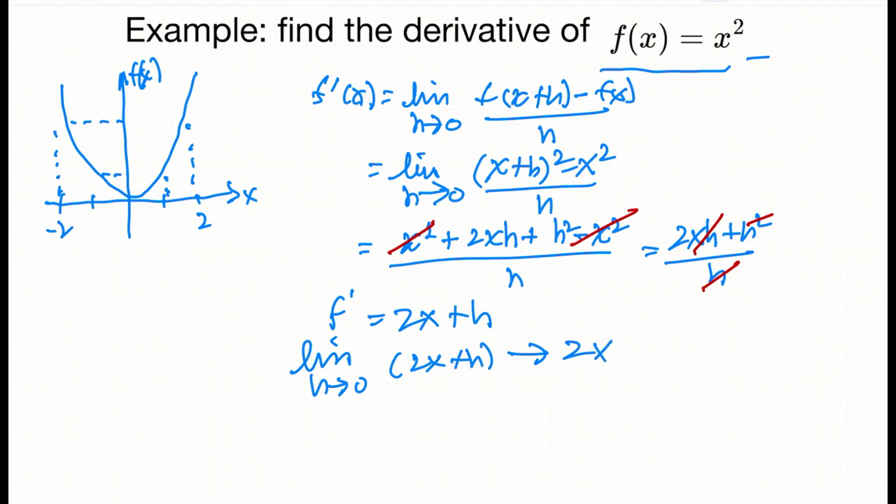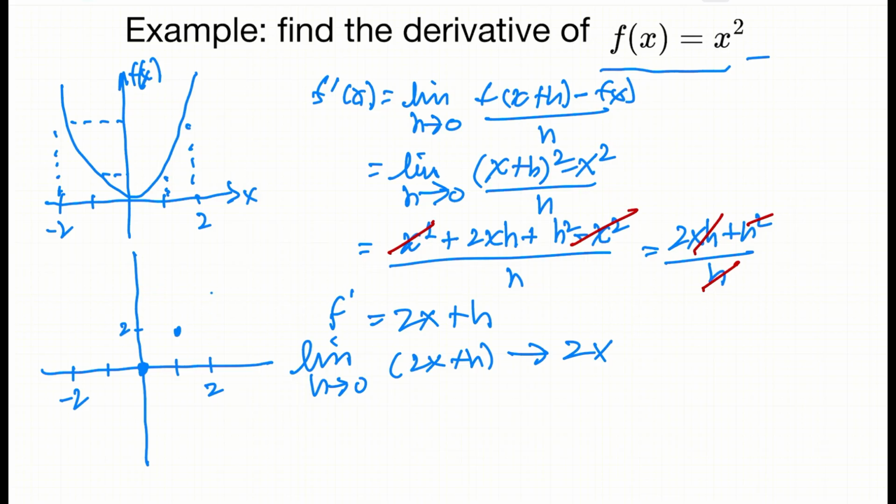So now let's plot this. Now we're going to plot our derivative. So at 2x, at x equal to 0, it is 0. Now at 1, it's going to be equal to 2.